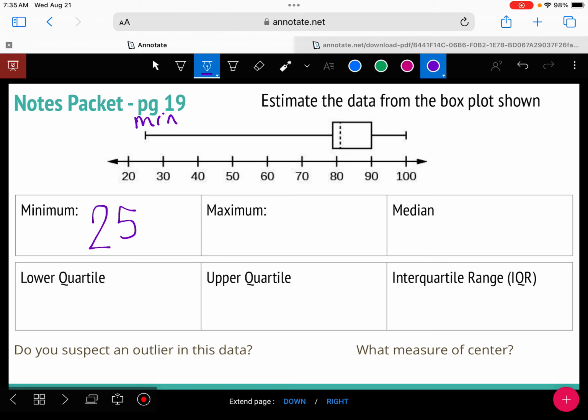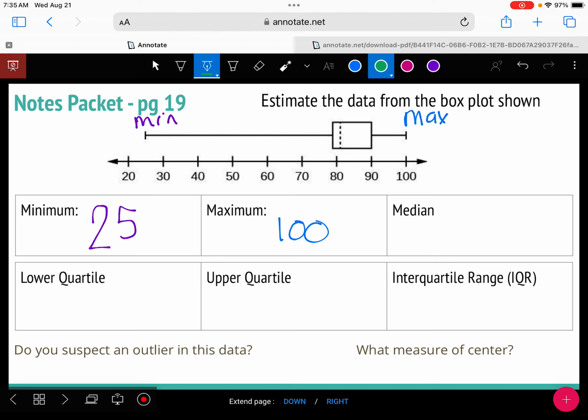All right, so where might our maximum be? 100. That's this guy up here. Where might our median be? Yeah, I would take anything between 80 and probably 83 would be my super happy window, because it's really hard to tell if it's right on 80. Maybe it's 80.5.